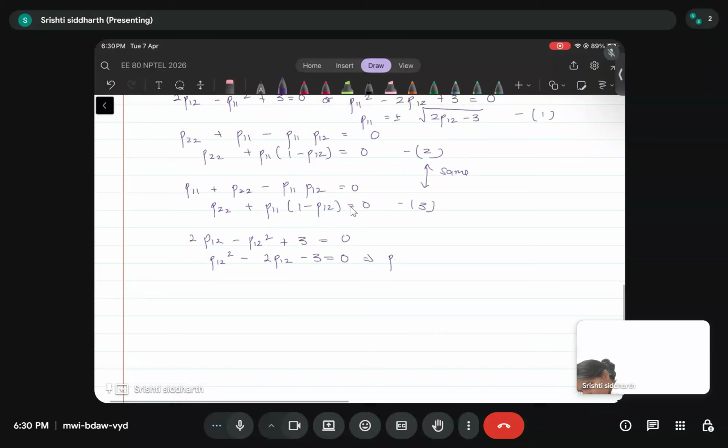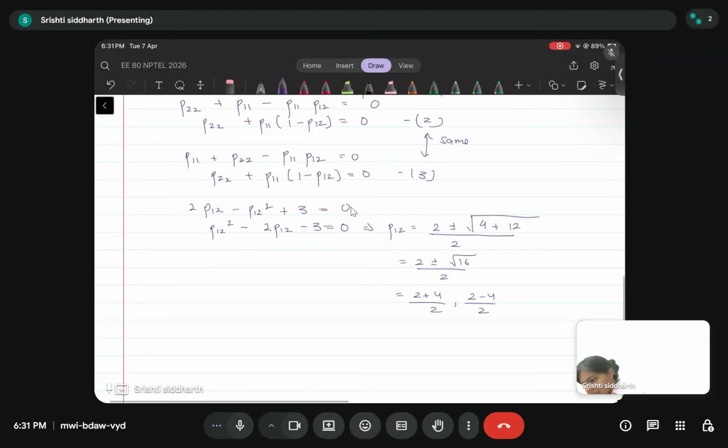This implies p12 is just 2 plus minus root 16 by 2. This is 2 plus 4 by 2 and 2 minus 4 by 2.